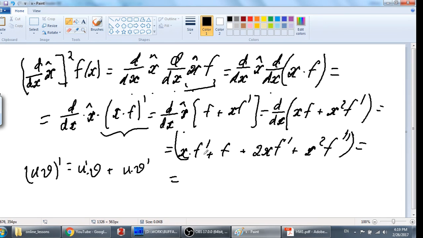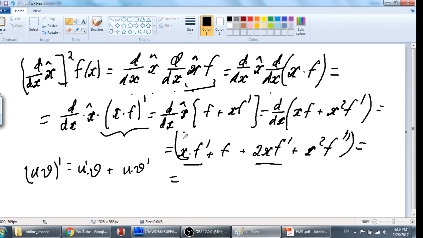What you can also do is notice that these terms are similar, and then you can also represent these primes as operators acting on the function. Of course, the order is important.